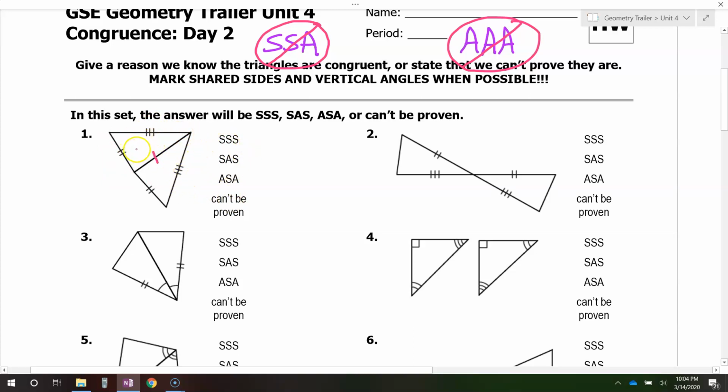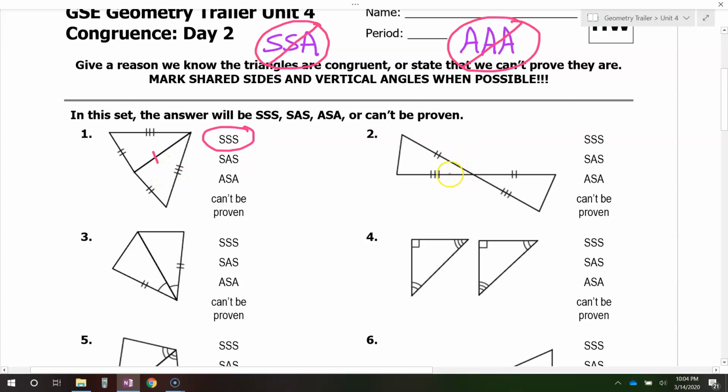So in this case, if I look at just one triangle at a time, so just stare at this triangle that I circled, notice that I have all three sides marked. That is side, side, side. So that will be the reason that proves that the two triangles are congruent.